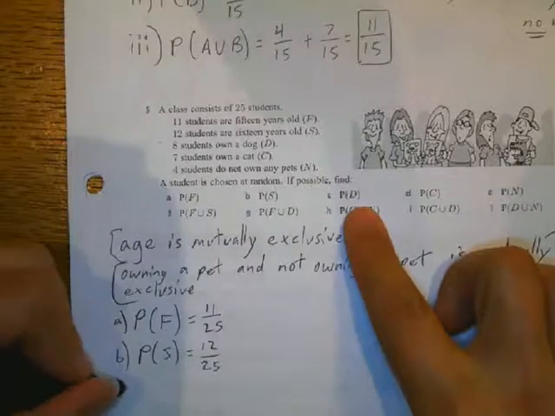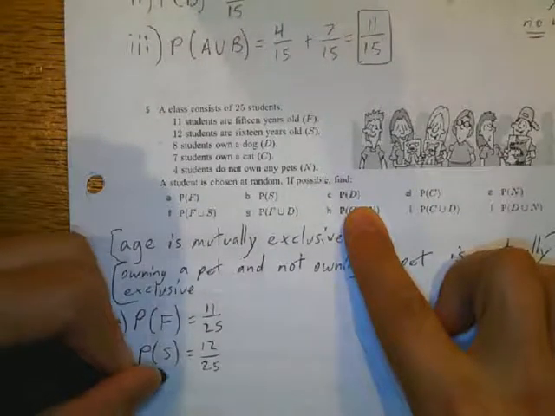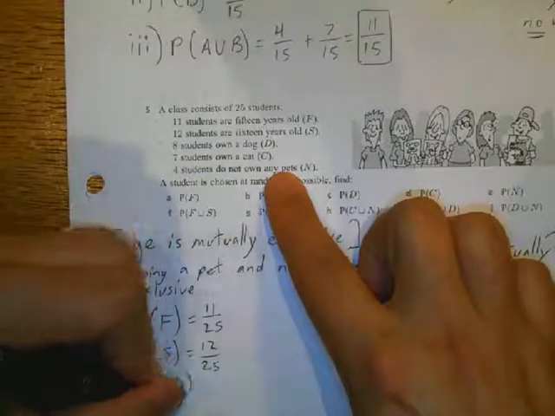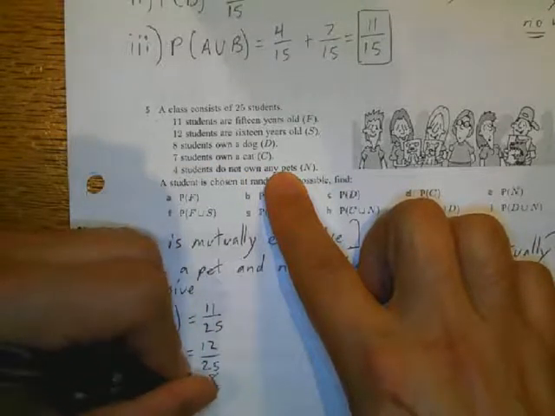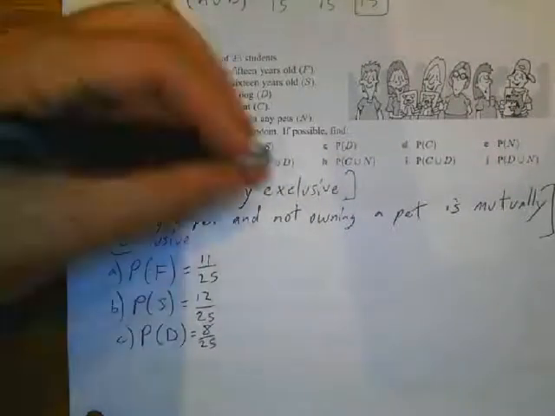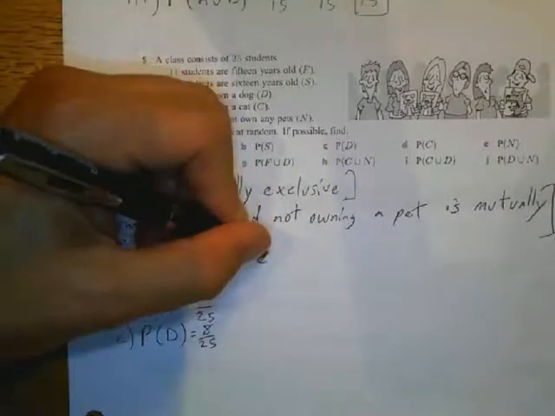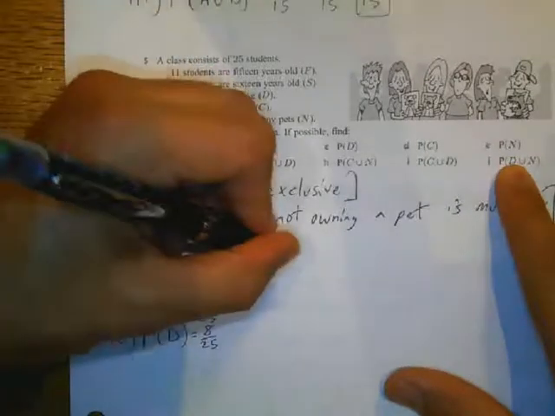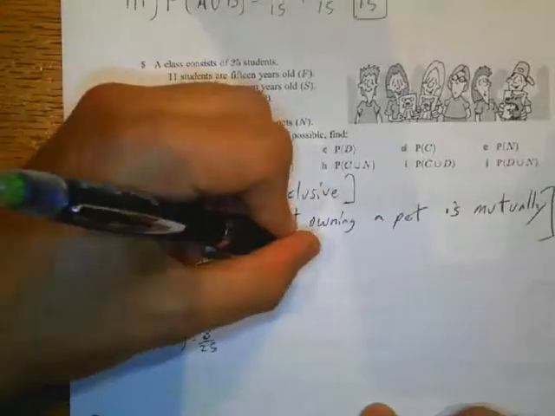Question C. What is the probability of having a dog? Well, there's 8 people that have dogs, so that's 8 over 25. Question E. What's the probability of not having a pet? Well, there's 4 people that don't have pets, so 4 out of 25.